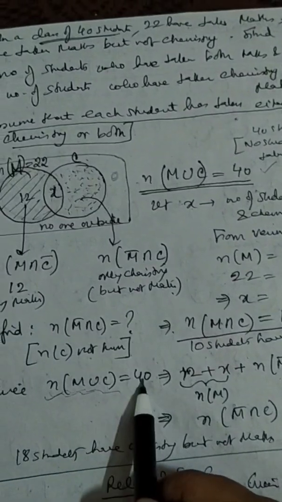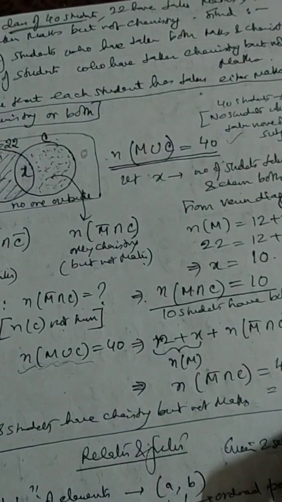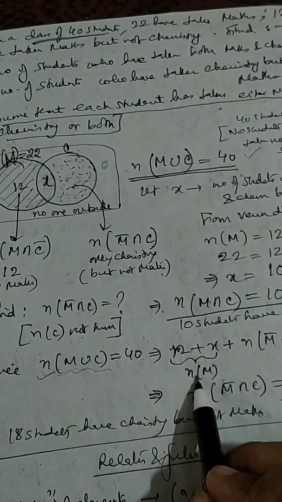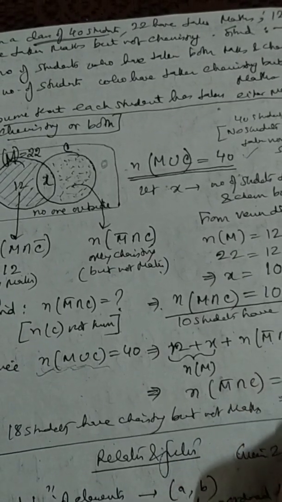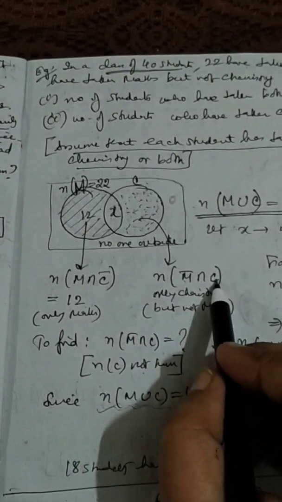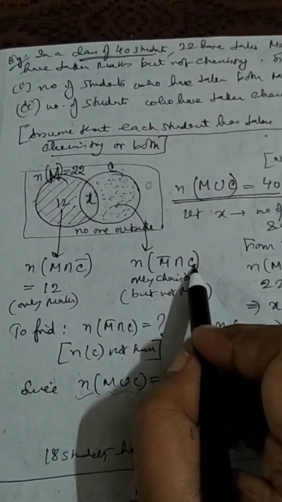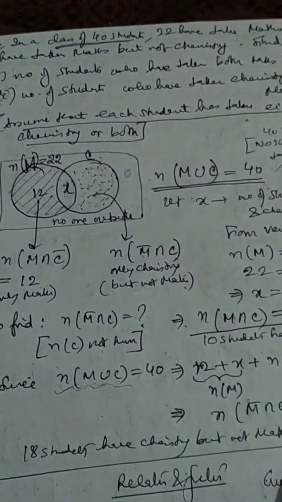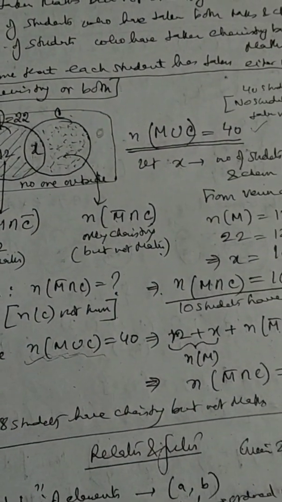So that is what I've written in the next step: 12 plus X plus N of M bar intersection C is supposed to give me 40. This part is 22, because it is N of M. So therefore, N of M bar intersection C is 40 minus 22, and that is 18. That means there are 18 students who have taken only chemistry but not maths. And that is your conclusion: 18 students have chemistry but not maths.